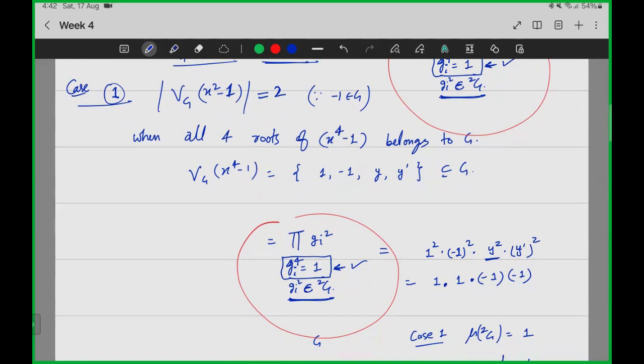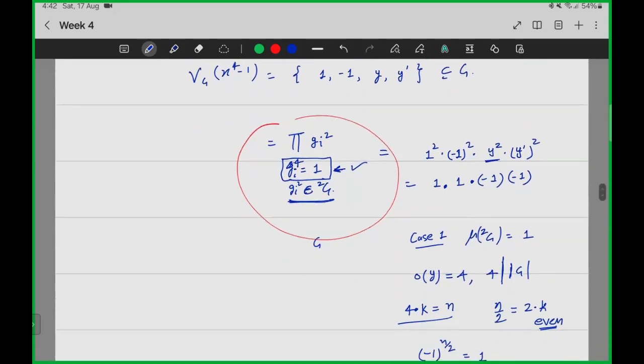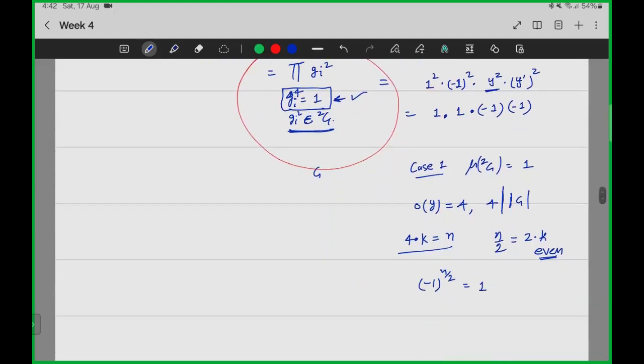A raised to 5n, but minus 1 to the power n by 2, that is, if I also square them and add them. Wait a minute. A to the power n by 4, A to the power 2n by 4, right? A to the power 4n by 4, which is A to the power n.